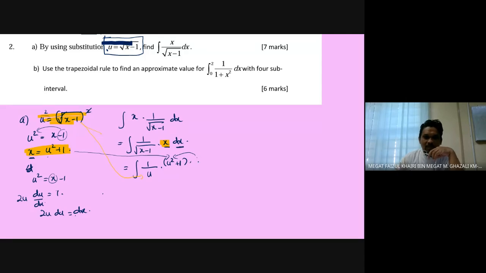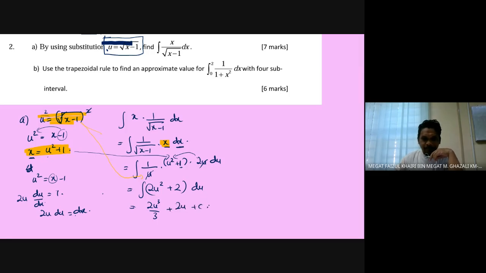So it means that here supposedly gives you 2u du. So u divided by this u, then integral of 2u squared plus 2 times 1 equals 2 du, and you get 2u cubed over 3 plus 2u plus c.